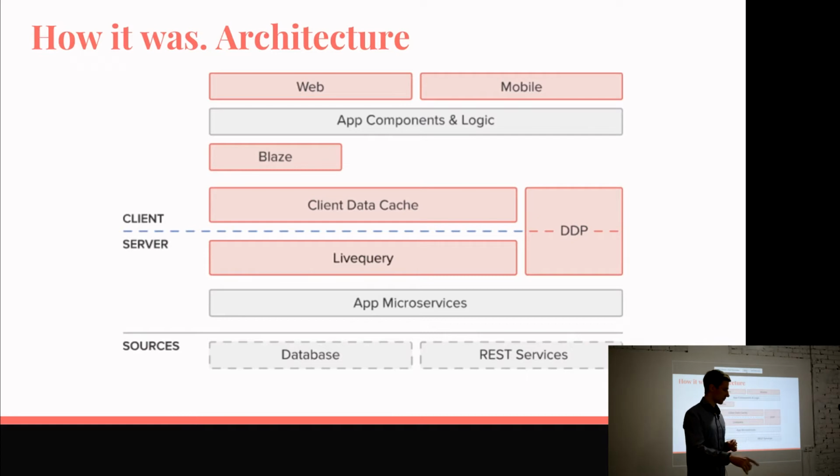And DDP was the thing binding these two together. On the client side, you had Blaze. Blaze was the client-side framework of Meteor, something like Backbone with some template engines. You could have some app components and logic on top of Blaze. And then on top of those components, you could build web or mobile apps.